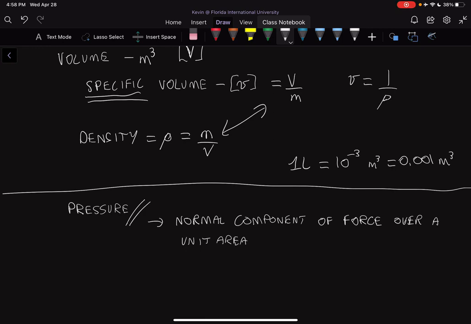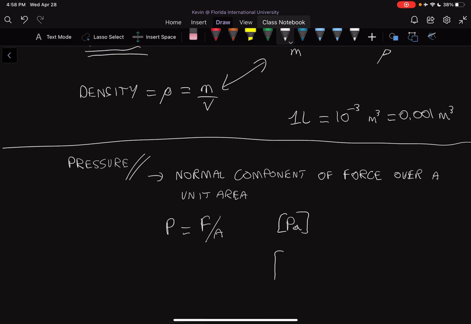So essentially, pressure is equal to force over area. Okay, and the pressure is usually defined in pascals. Okay, and pascals is equivalent to newtons per meters squared.